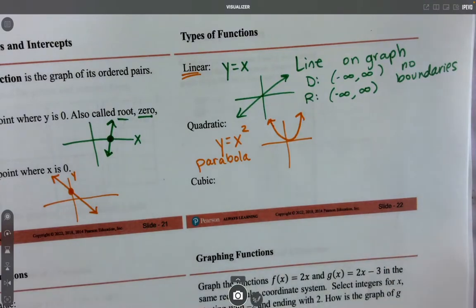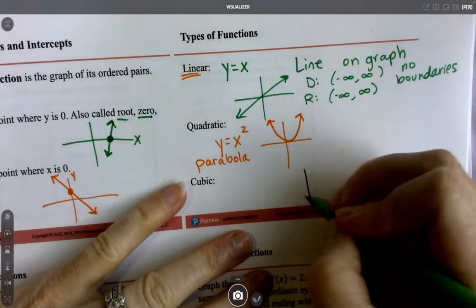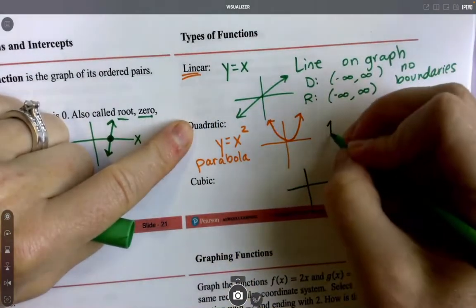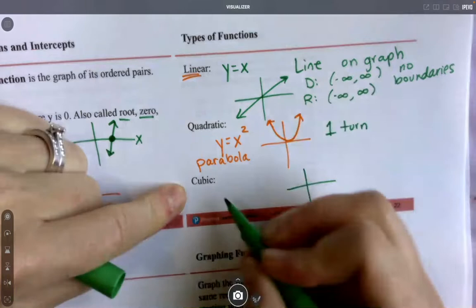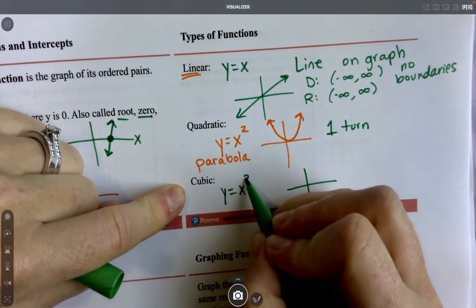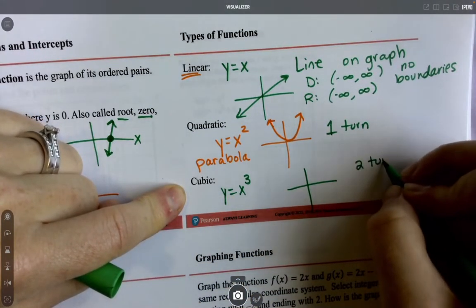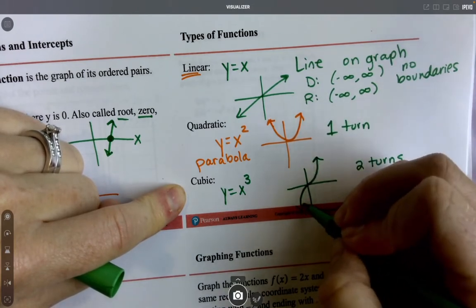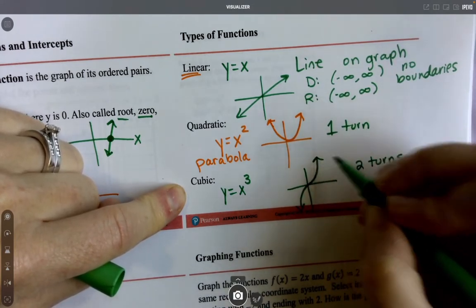The cubic is, so linear has no turns. Quadratic has one turn. Cubic is like y equals x cubed. It's going to have two turns. So let's say it's like this. So it turned and then it turned again.